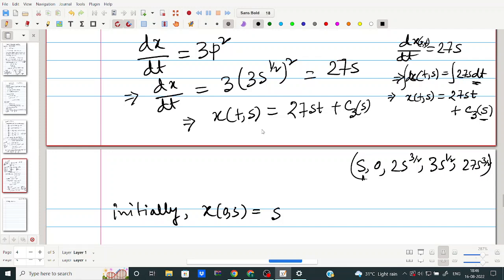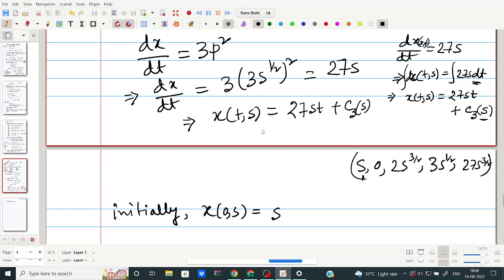Characteristic direction means the direction along these three tuple x, y, and u. So question number 5 is that you have to find the characteristic direction at the point (2, -1/27, 4), right?